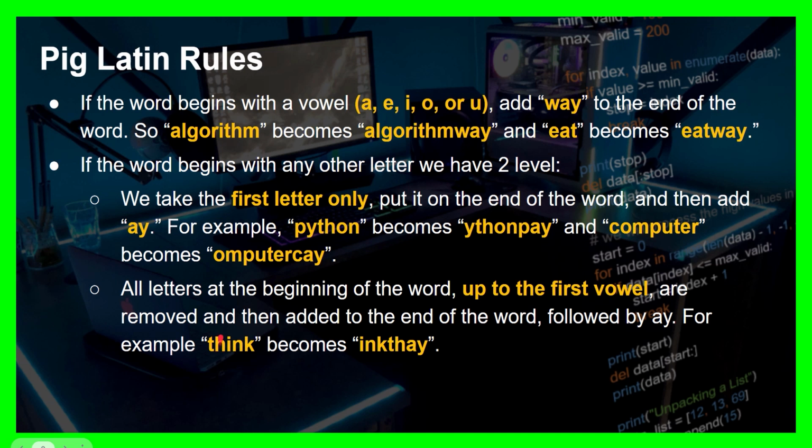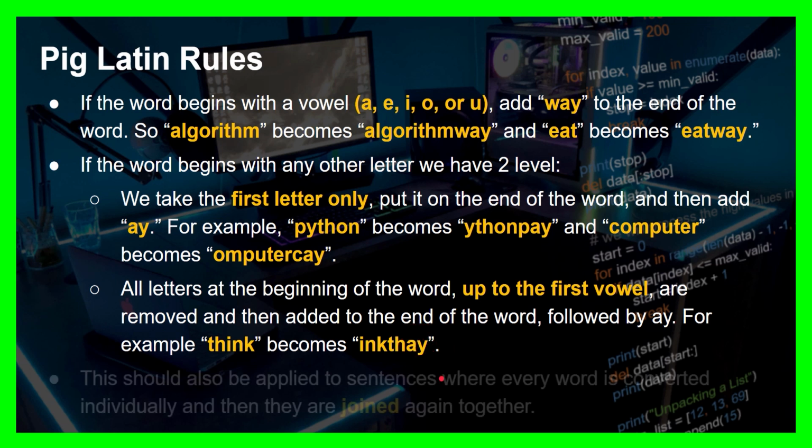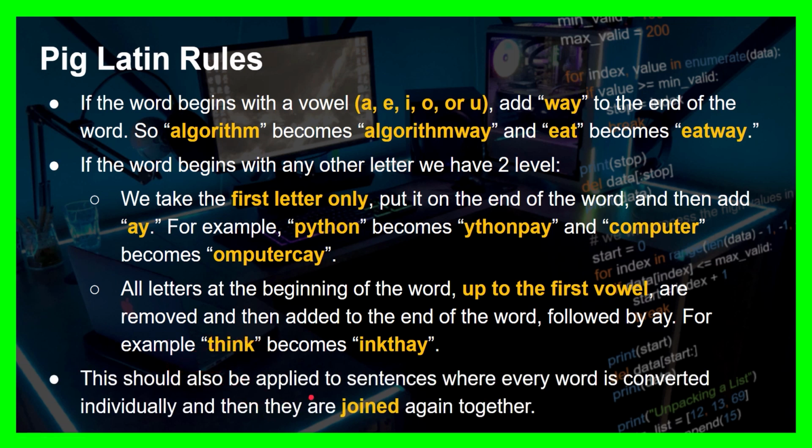It starts with a T, then has an H. So we not only remove the T, we also remove the H. So think becomes inkthay. I don't know if you can even pronounce this, but as you can see, the T and H were moved to the end, and then the "ay" was added. Finally, this should also be applied to sentences where every word is converted individually, and then they are joined all together. So, these are the Pig Latin rules.